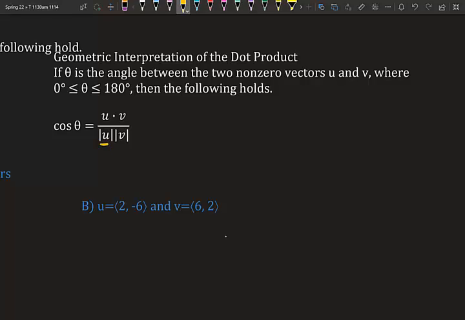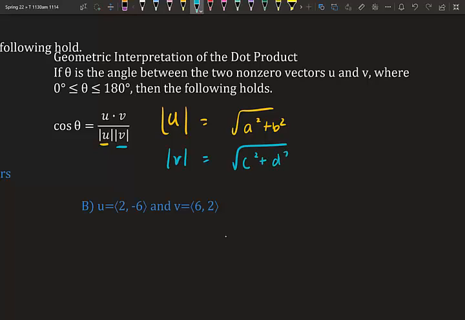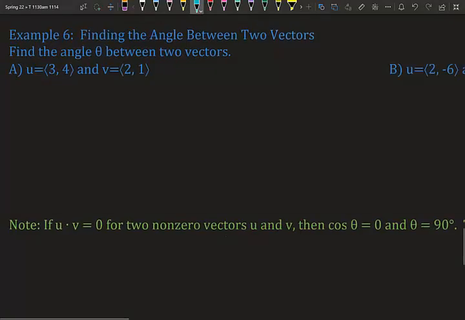So this comes back to example 1. That's how we're going to find our u and v in our denominator. We use the formulas of the square root of a squared plus b squared and c squared plus d squared. So let's find the dot product.